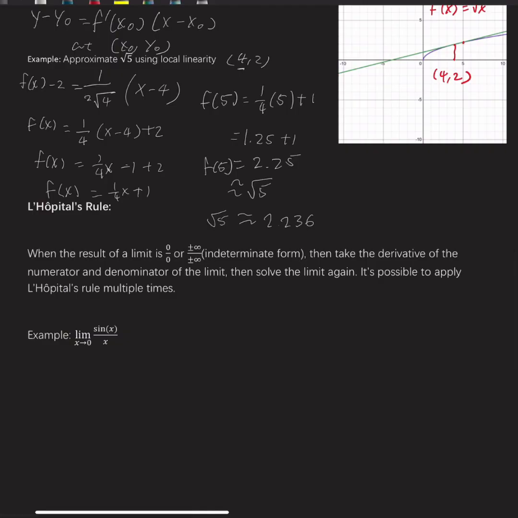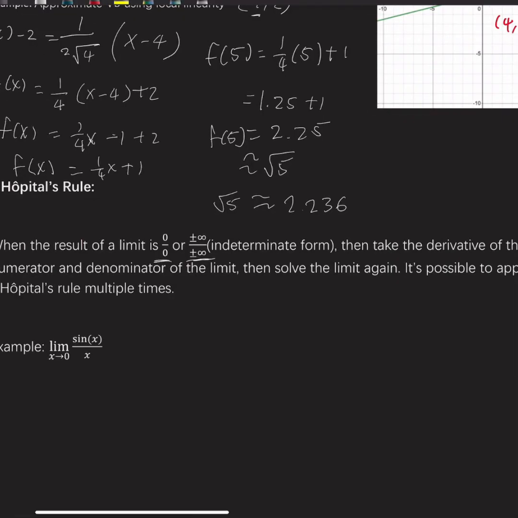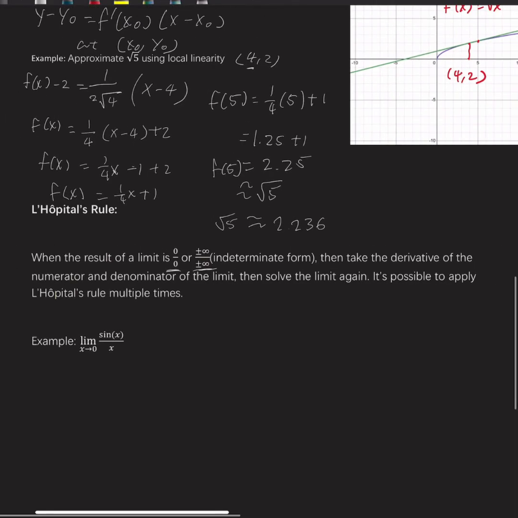When the result of a limit is 0 over 0 or plus or minus infinity over plus or minus infinity, which are indeterminate forms for AP Calculus (there are actually more that you can apply L'Hopital's rule to, but for AP Calculus it's only these), then we take the derivative of the numerator and the denominator and solve the limit again. Note that it is possible that you have to apply L'Hopital's rule multiple times to solve for your answer.